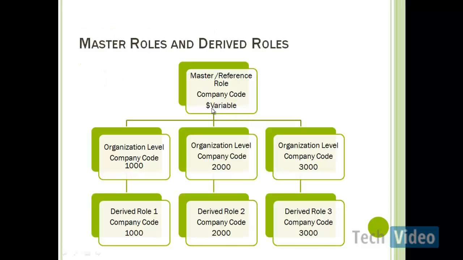The idea behind this master role and derived role is that you create one role called a master role or template role, then you roll it out to different derived roles with the same authorization objects but with different organization levels.